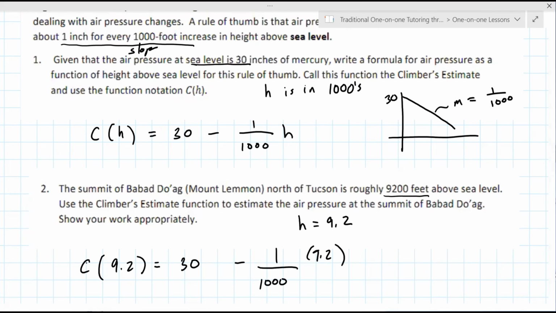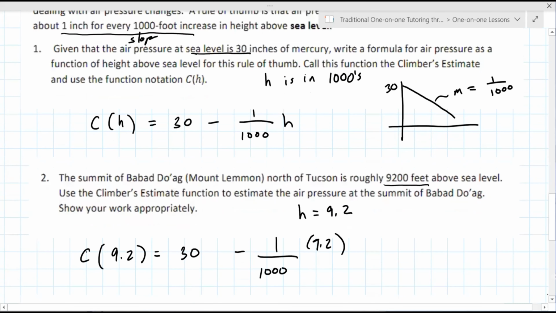All right, I'm gonna go search the internet and find out what the actual pressure is on Mount Lemmon, so we can get a feel for which answer is reasonable here. So yeah, this actually is the reasonable one. This is confusing.